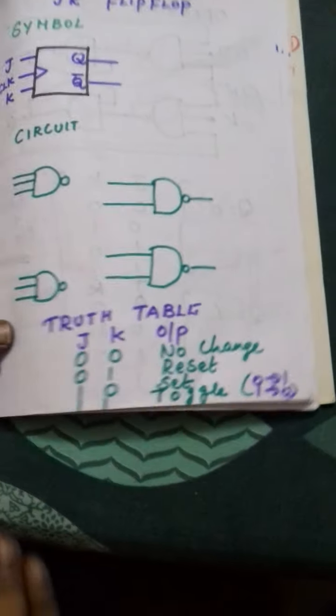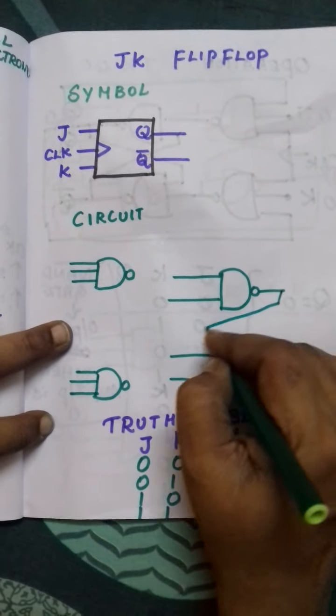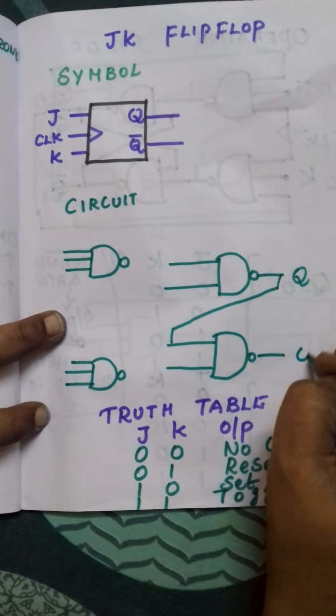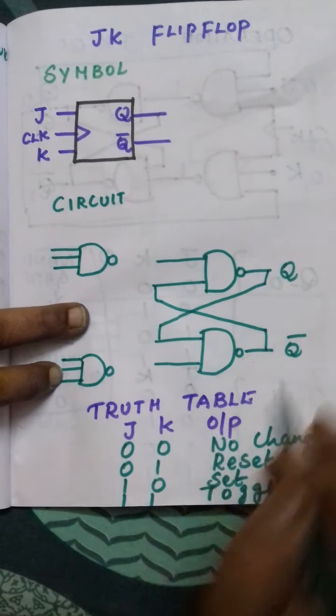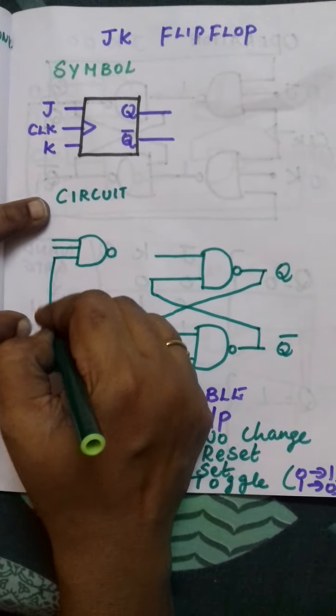Now let us focus on the circuit diagram. While drawing the circuit diagram, we have already seen the SR flip-flop. In the SR flip-flop, it is cross connected, that is, output Q is connected to the input. Similarly, Q bar is cross coupled and connected to the input. It is connected in the same way. And it is a JK flip-flop, and we are going to give a clock.